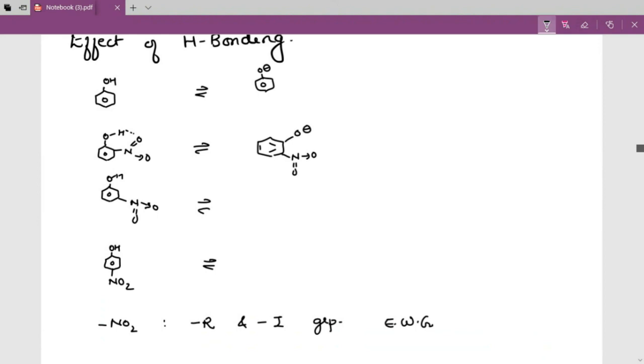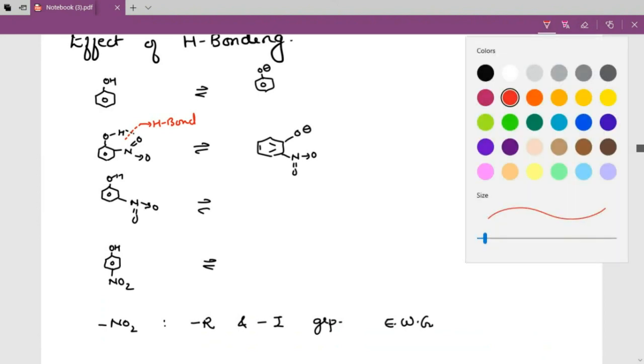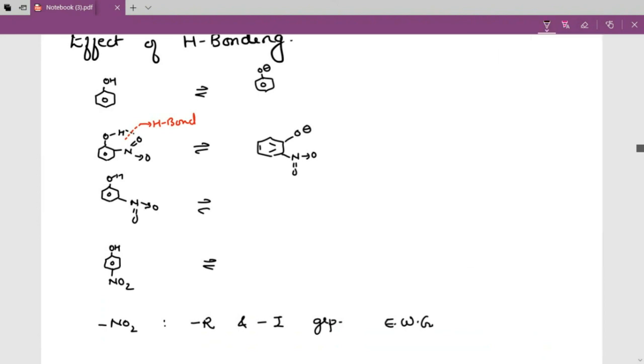But when I was ionizing this, I had to overcome this H bond. So this makes my delta G relatively less negative than expected. When I ionize this, I can use only the minus I effect of NO2. I cannot use its resonance effect as it is a meta position.